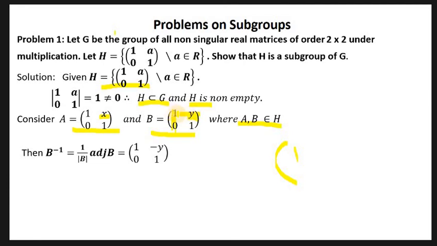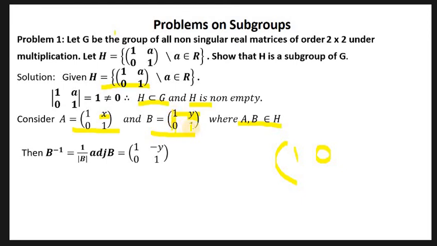By deleting the first row and second column, we get 0. Minus 0 and plus 0 is the same, so we take 0 here. Then coming to the second row, first element, which is 0.